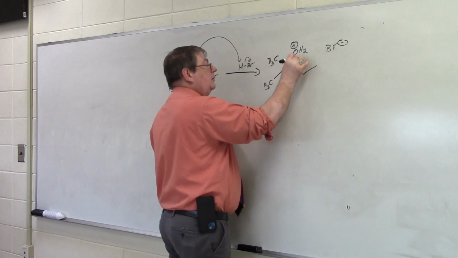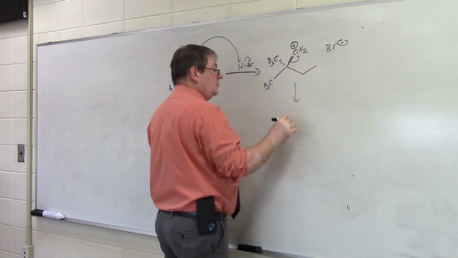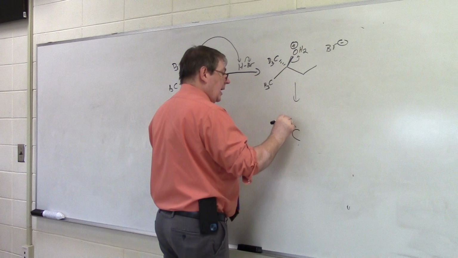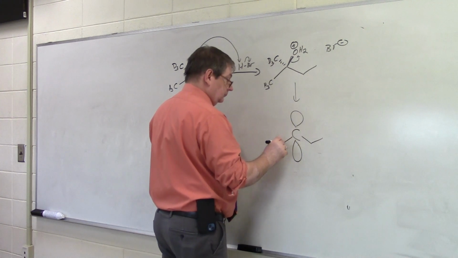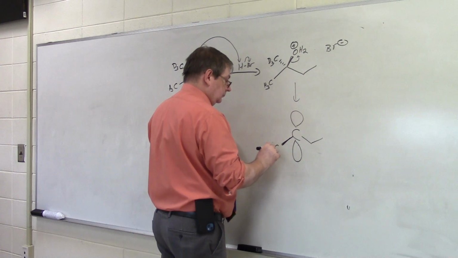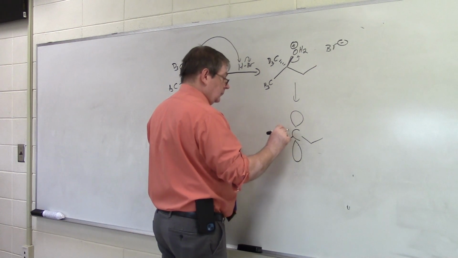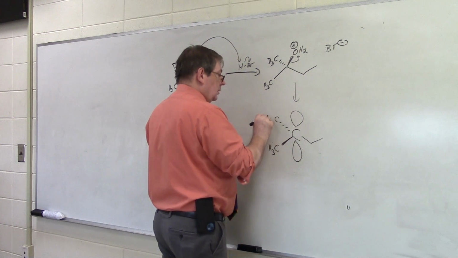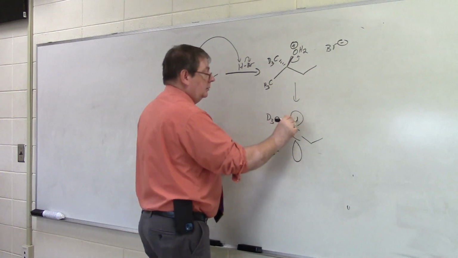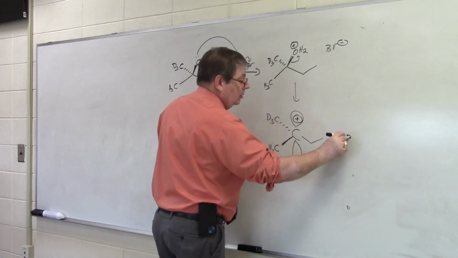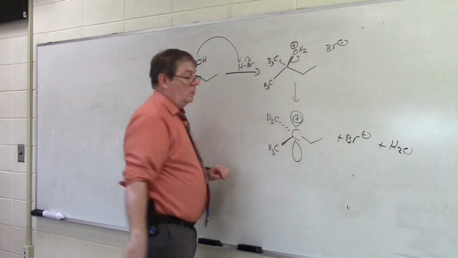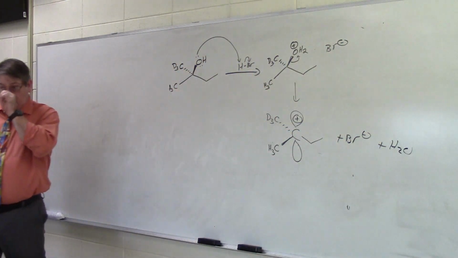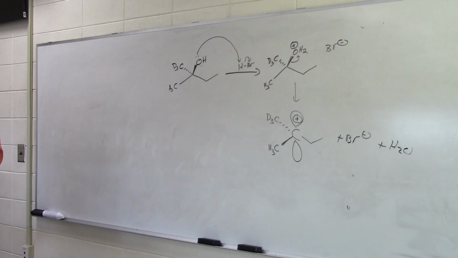But the water can leave, and that gives me a carbocation that's planar. And I'm going to draw the water way over here. Let's just assume it got completely out of the way. That's not entirely true, but let's just assume it did. Now what happens?